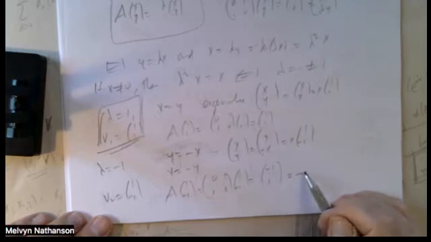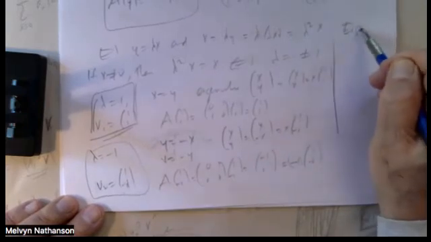A of (1, minus 1), that's 0, 1, 1, 0 applied to (1, minus 1). That's (minus 1, 1), which is minus (1, minus 1). So A of the vector v2 is minus v2.